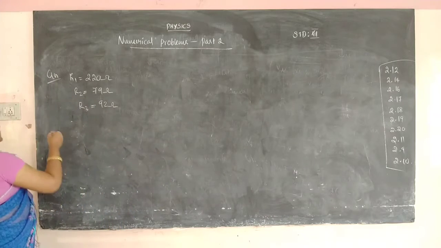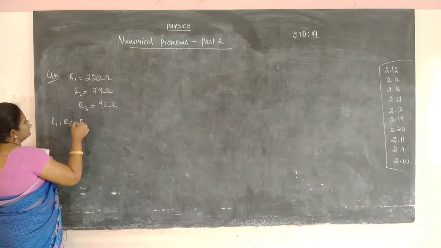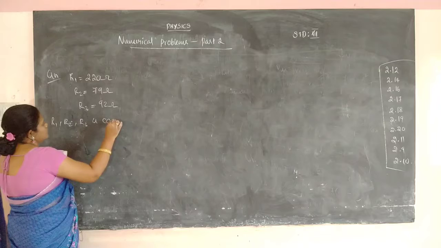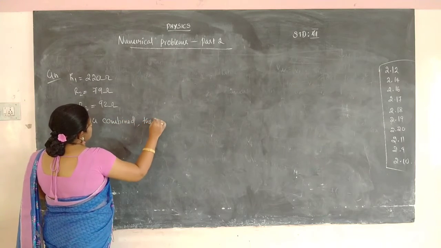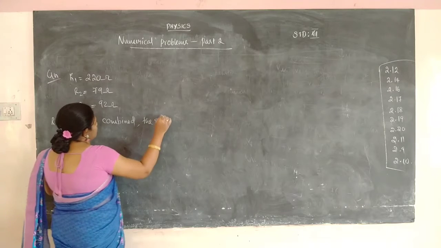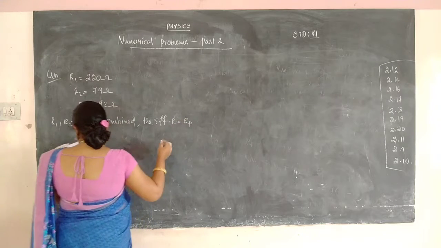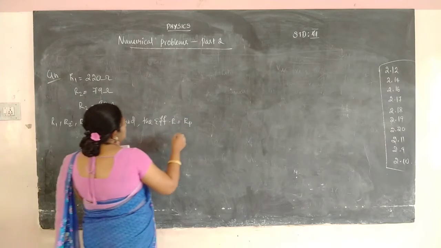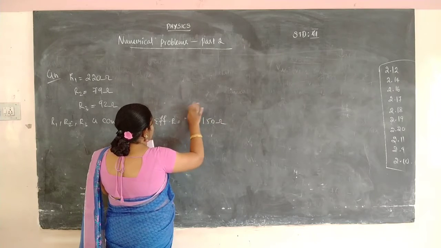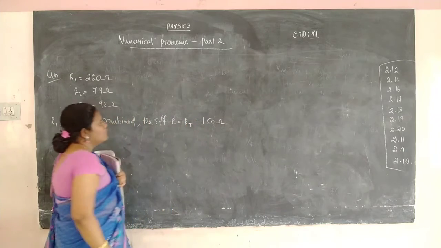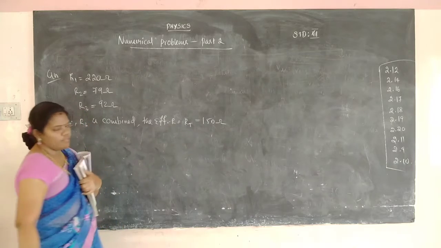So these 3 resistors R1, R2, R3 are combined, and the effective resistance RT is equal to 150 ohm. The effective resistance நமக்கு வேணும்.